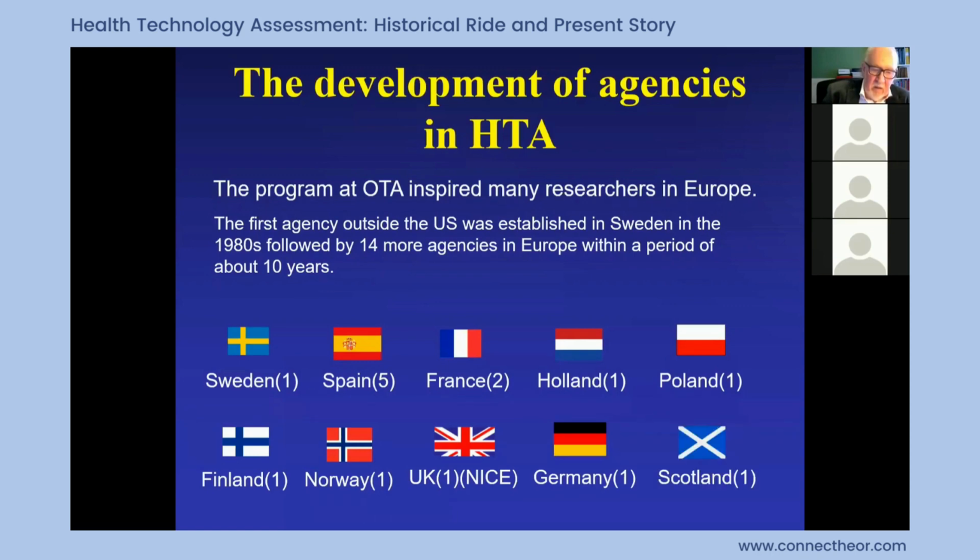And in France, 2, Holland 1, Poland 1, Finland 1, Norway 1. In the UK, NICE was established finally after long discussions. And then it took really high speed, not only in the UK, but also further inspiration in many other countries. Germany and Scotland. Next slide.